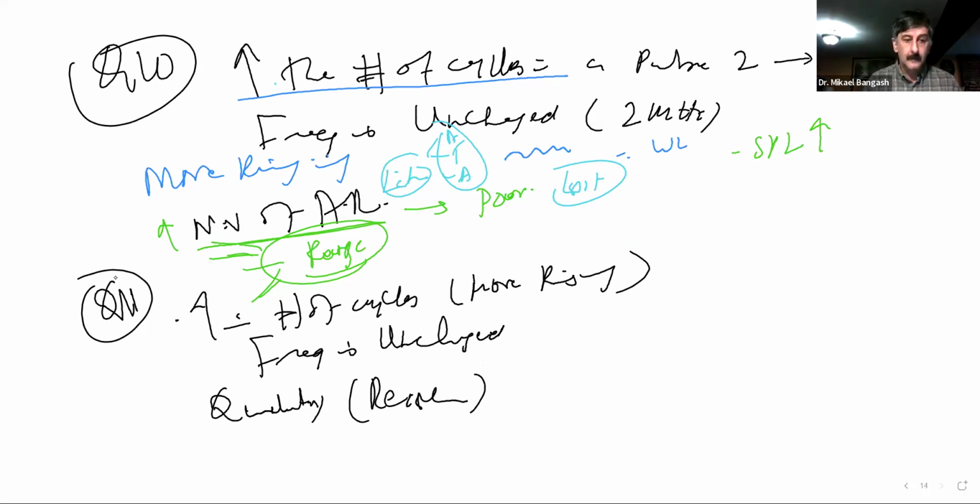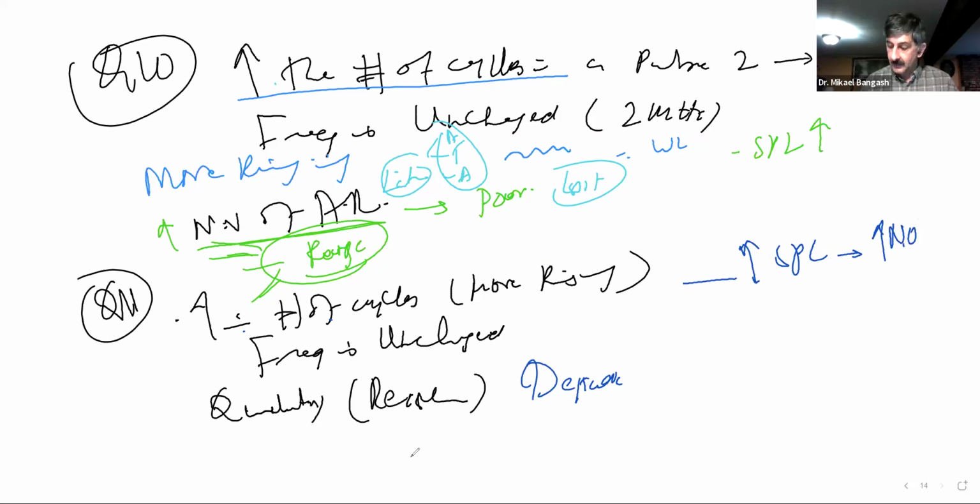Yes, guys, it will degrade, because the greater number of cycles causes more ringing, which means an increase in the spatial pulse length, or the increased numerical value of axial resolution, which we'll call degrading.